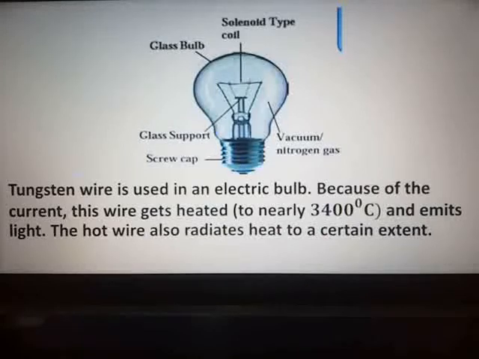So if the wires are made of metals with a low melting point, then when more current flows, the wire will melt and your bulb will stop glowing.